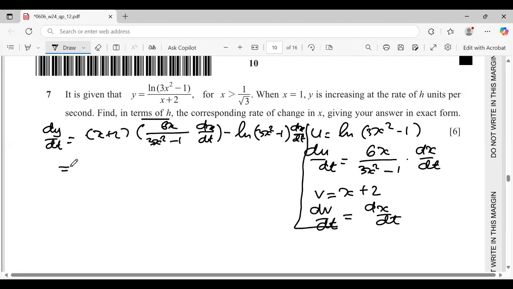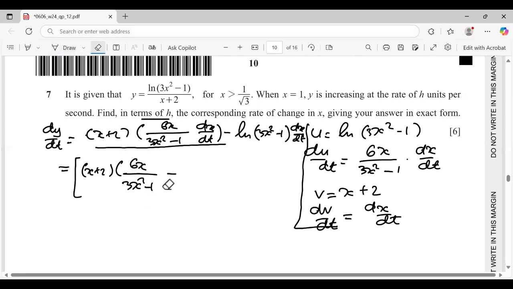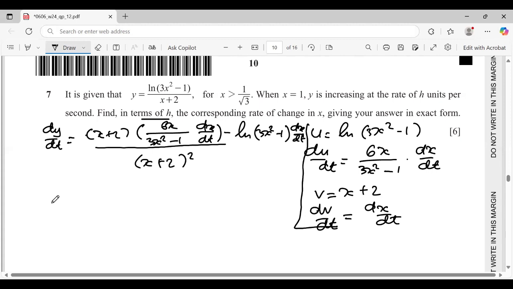It becomes, I would like to factorize, (x plus 2) times 6x over 3x squared minus 1 minus ln(3x squared minus 1), and this is divided, so it is divided by v squared actually. Divided by v squared becomes divided by (x plus 2) squared.